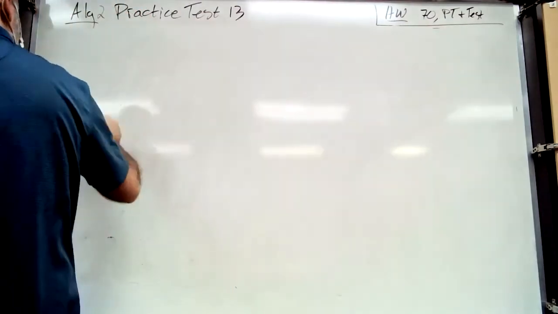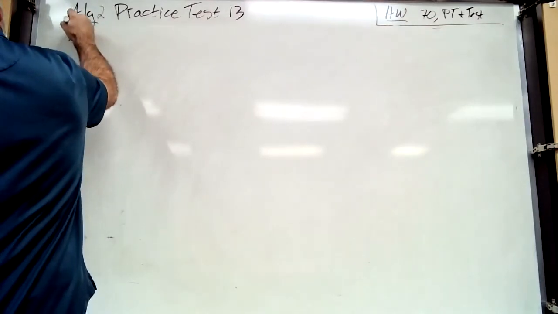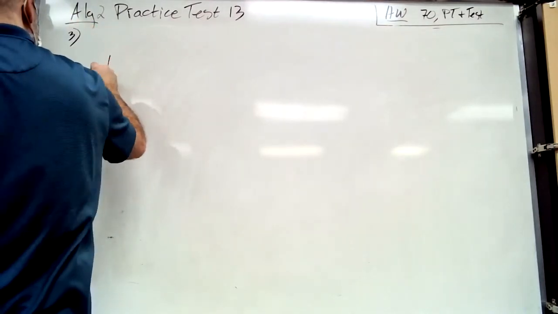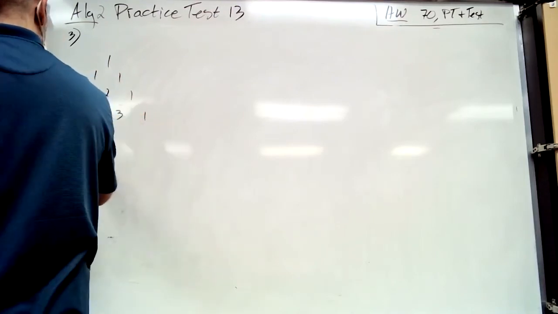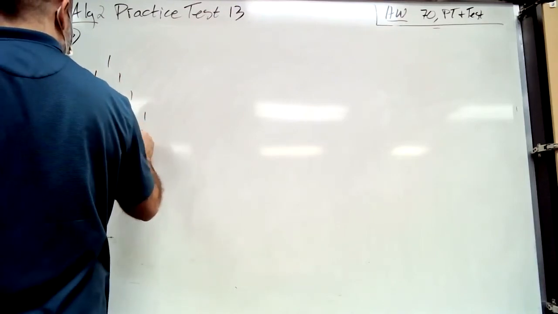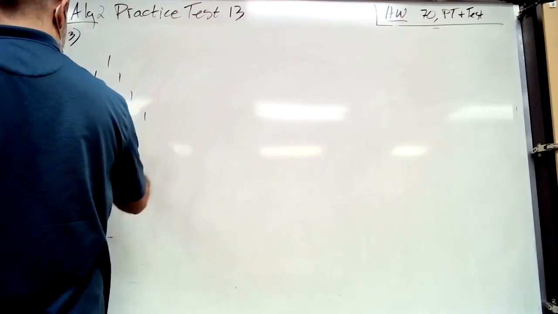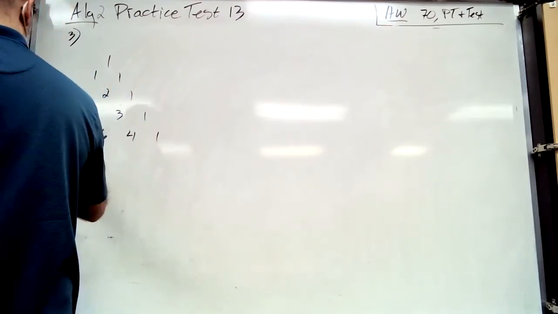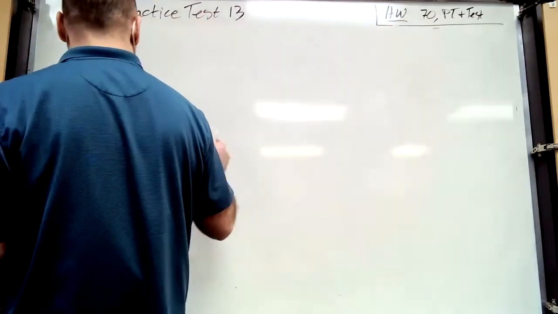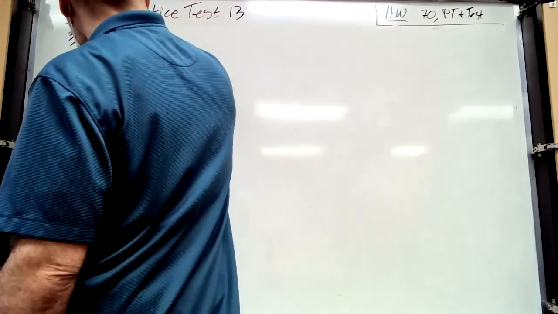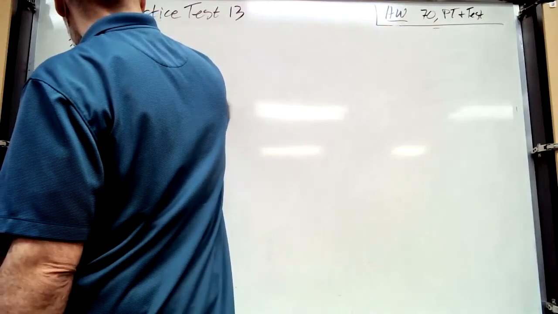Binomial theorem. So first I'm going to draw Pascal's triangle. Okay, so this is binomial a plus b to the 0.